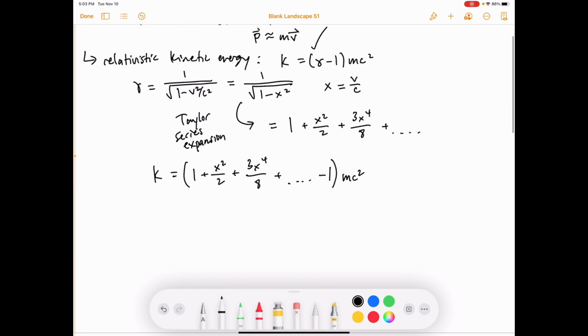Well, in the non-relativistic limit, again, that means v is much, much less than c. Well, x, as we defined it over here, is v divided by c, so x is very small. It's much, much less than 1. And that means we'll only keep the first order term.